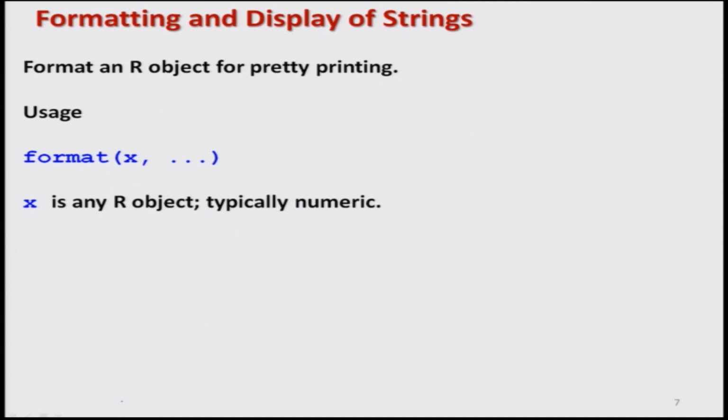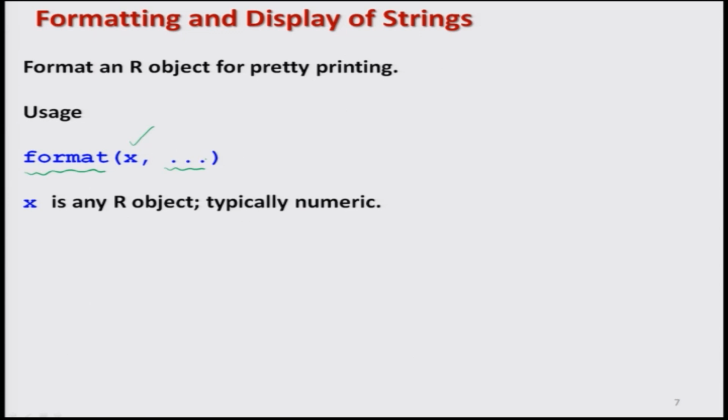Now, this print function gives us an output in a format which is already defined inside the R package, but now I need to format it. In order to format any outcome, we have a different command called format, and inside the brackets we give the values which we want to format in a particular way.